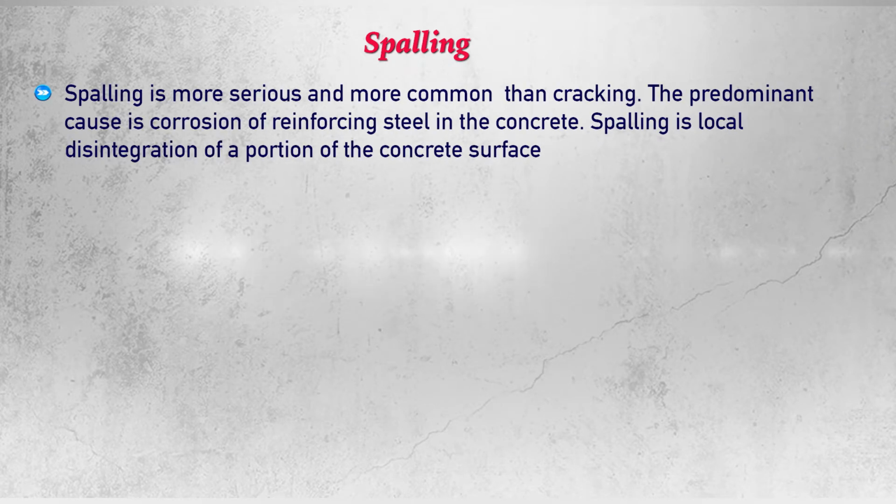Then next is spalling. Spalling is more serious and more common than cracking. The predominant cause is corrosion of reinforcing steel in the concrete. Spalling is local disintegration of a portion of the concrete surface. So it is different from cracking. Next is delamination.